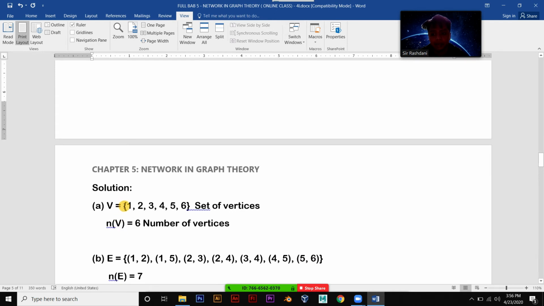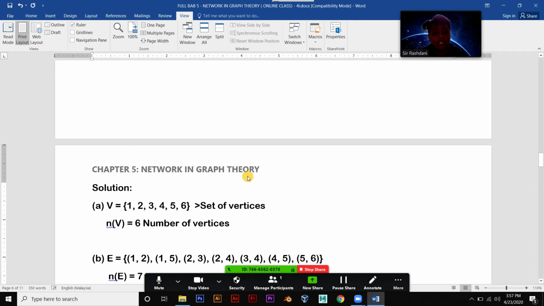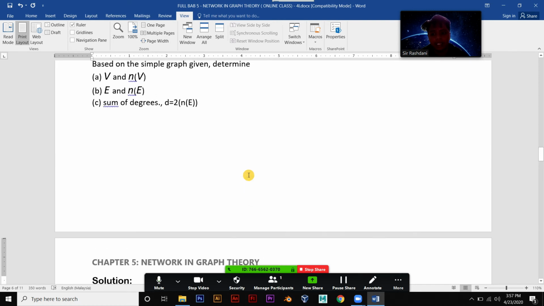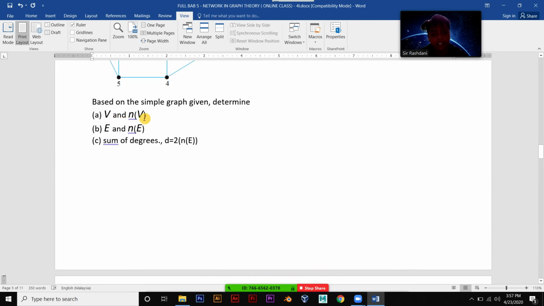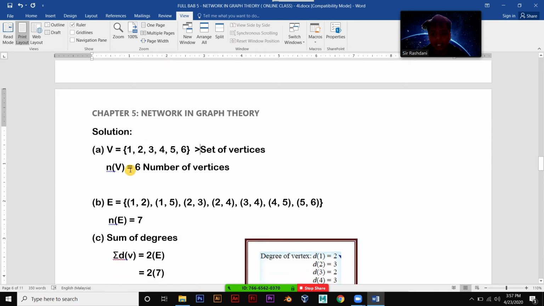So V is equal to {1, 2, 3, 4, 5, 6}. This is the set of vertices. The same question also asks the number of vertices, so the number of vertices is 6. You just count 1, 2, 3, 4, 5, 6.